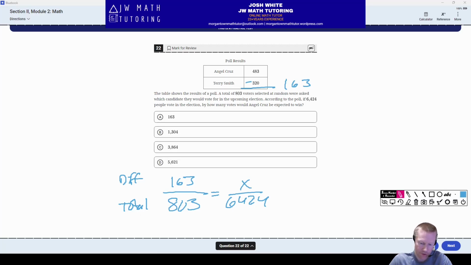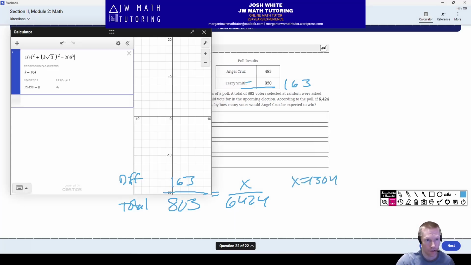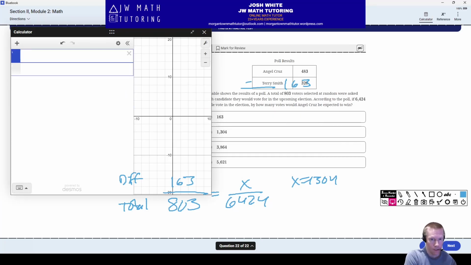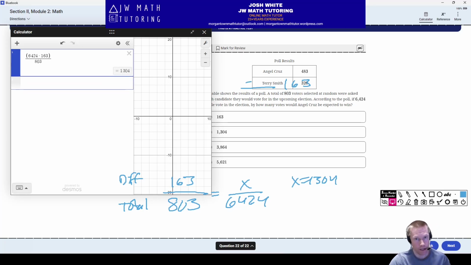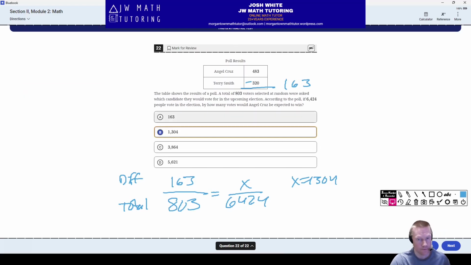So we just solve this, go to Desmos, cross multiply it. You should get 1304. I'm just going to confirm: it's basically 6424 times 163 divided by 803. Yep, 1304. So that's your answer, letter B, and then you're done. That's the fastest, quickest, easiest way.